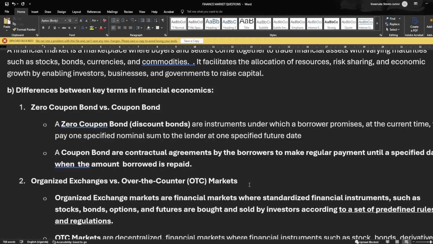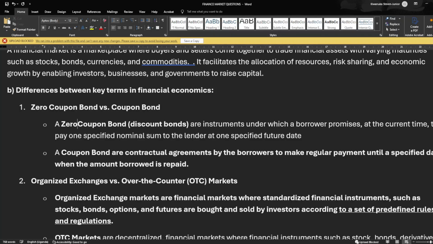So we see that these are contractual agreements by the borrowers to make regular payments until a specified date when the whole amount is to be repaid. You can take it like repaying in installments.